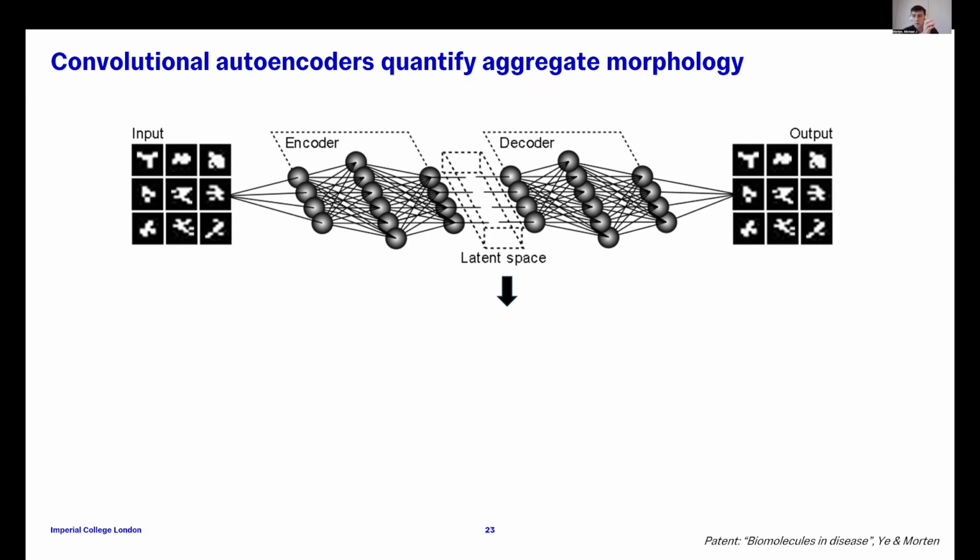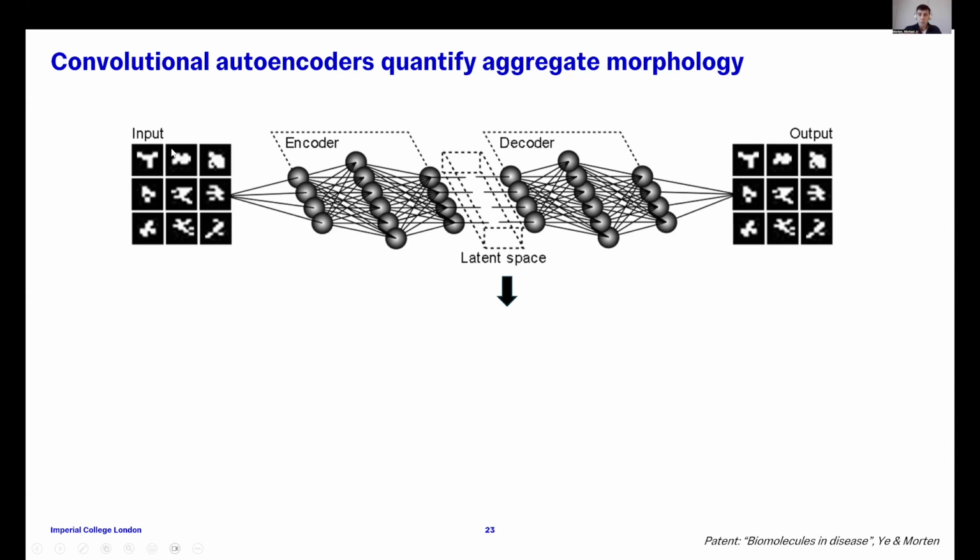We take each aggregate image, and the encoder, this first neural network, condenses all that information down into what we interpret as morphological features. All the information it needs to reconstruct this image is held here in the latent space, and then the decoder recreates the image that was originally input to the encoder.